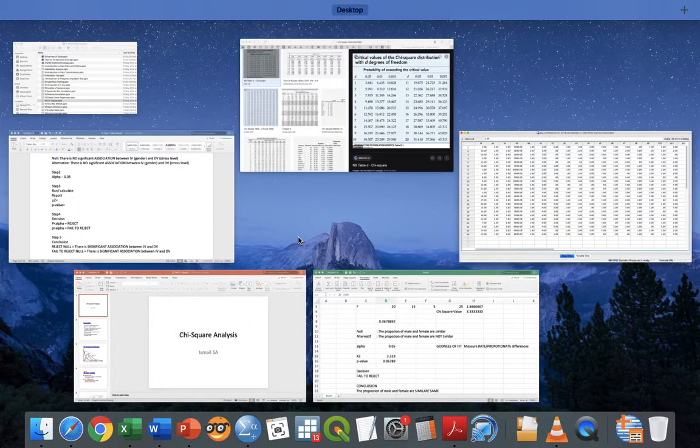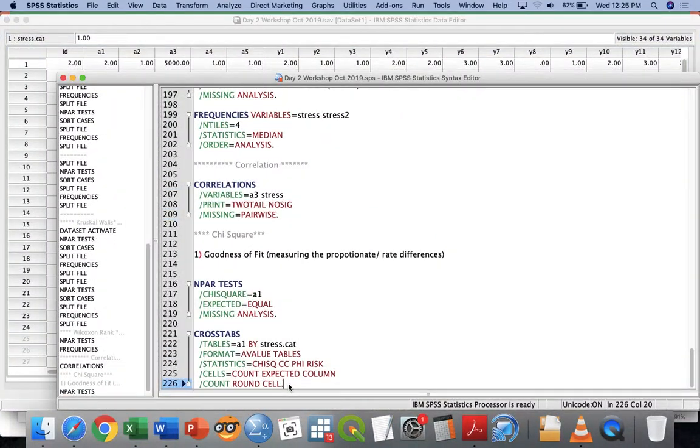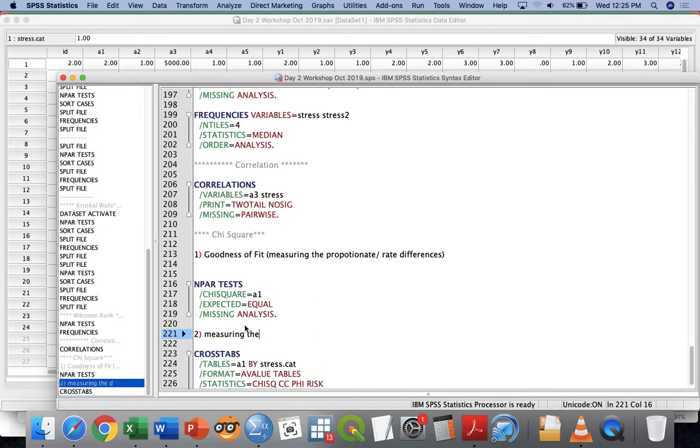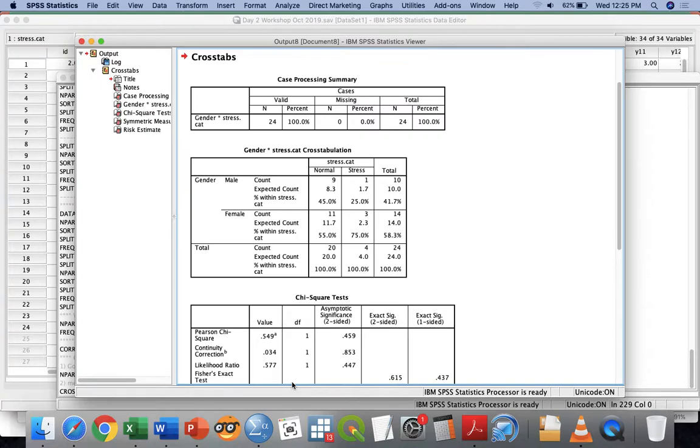I'm going to click Paste because I want to store all the syntax here. Okay, this one is number 2, measuring the association. So measuring IV and DV. So this is what I got. I got the gender by the stress.cat.